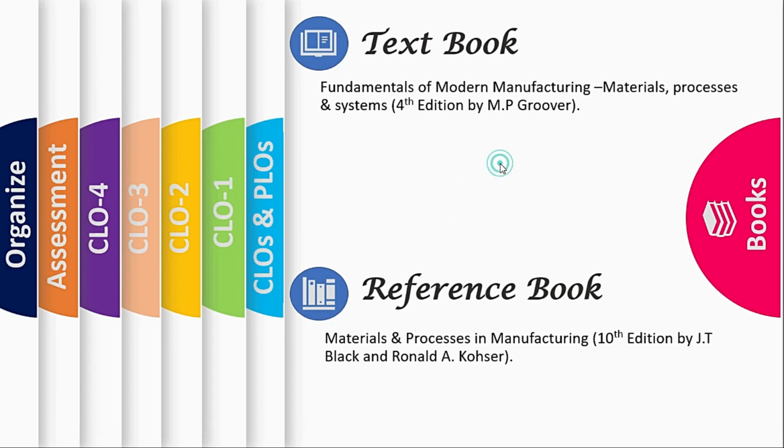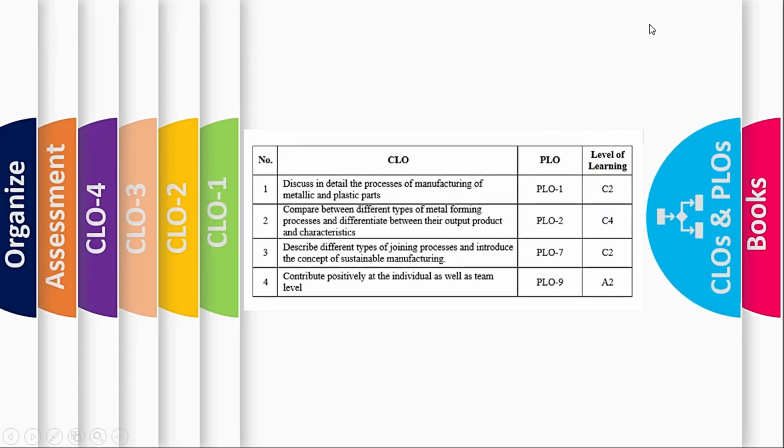The CLOs and the PLOs, the course learning outcomes for the subject. We have 4 CLOs. The first one is discuss in detail the processes of manufacturing of metallic and plastic parts, and it is mapped with PLO1. The second CLO is compare different types of metal forming processes and differentiate between their output products and characteristics.